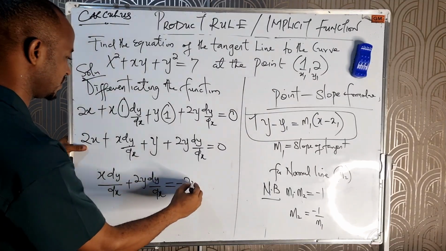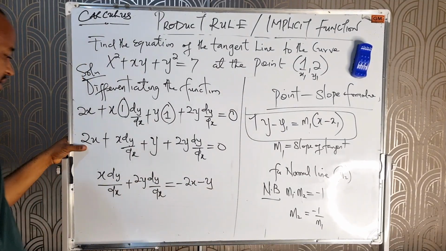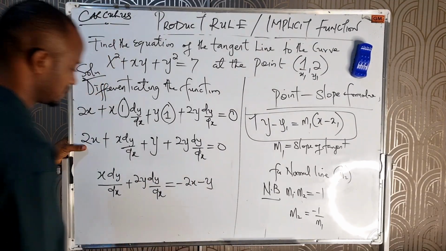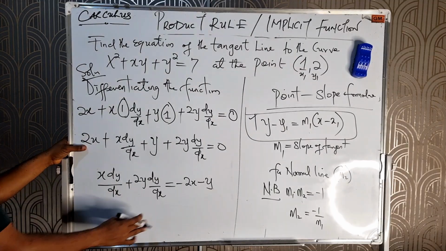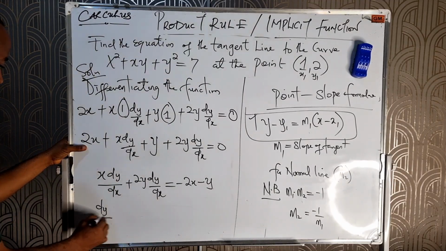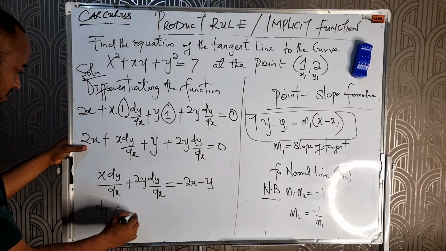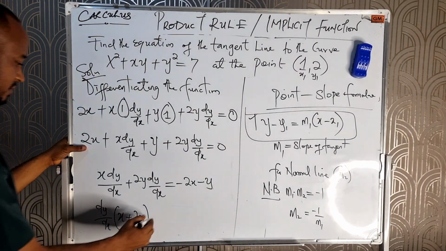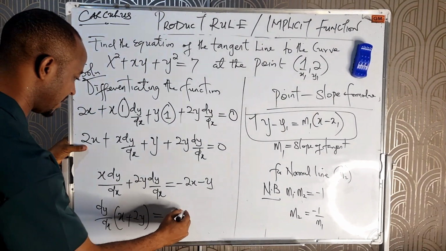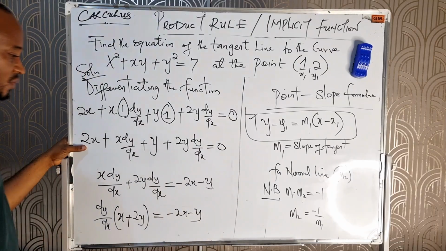That will be minus 2x minus y, right? So our goal is to find our slope, which is dy/dx. So we have dy/dx as common factor. What remains here is x plus 2y equals minus 2x minus y.